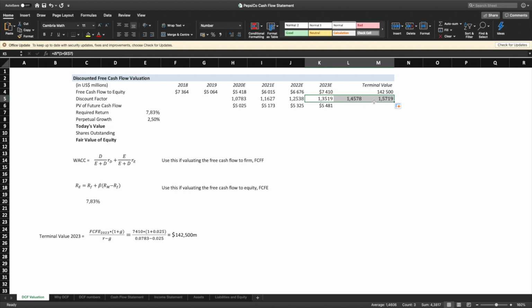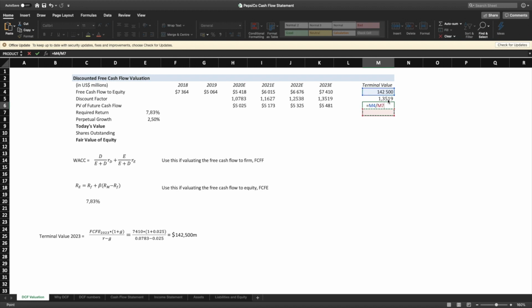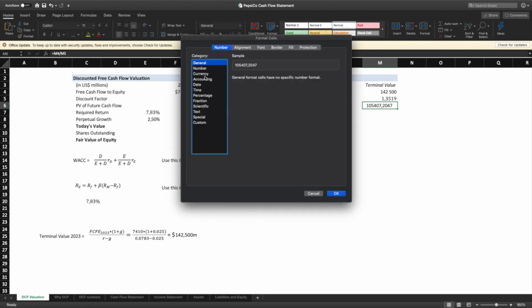So, as I said, we're going to use the same discount factor. Let's just copy this, 1.3519. Perfect. And then we simply divide this by the discount factor, and let's make this a little bit smoother.